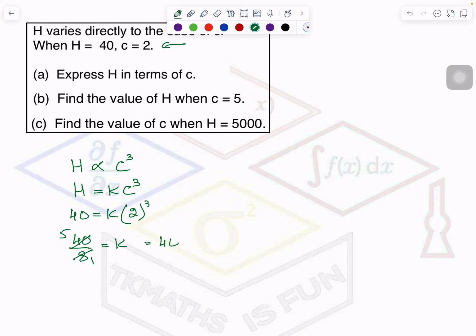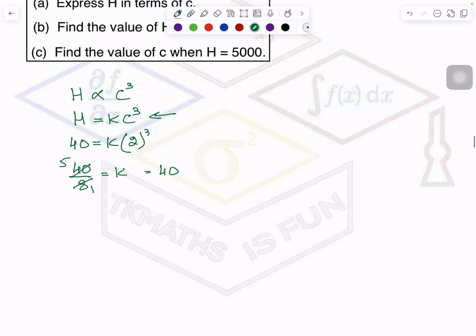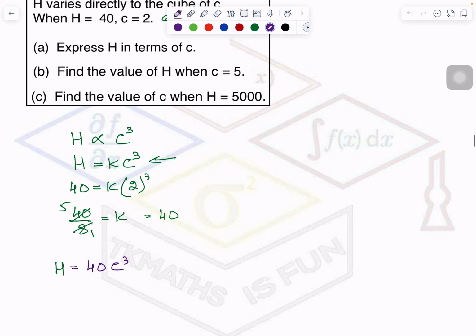So K is equal to 40. So now if you substitute in this equation the value of K, you get H is equal to 40 C cube, right? First part of the question is saying express H in terms of C. So we have found the answer. This is the meaning. H is the subject and on the other side you have C.